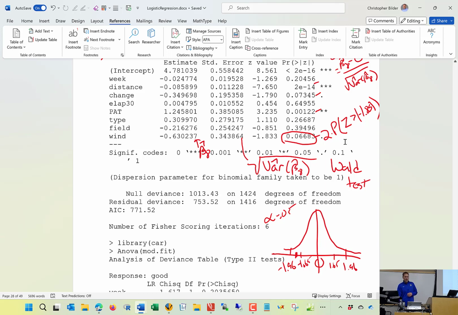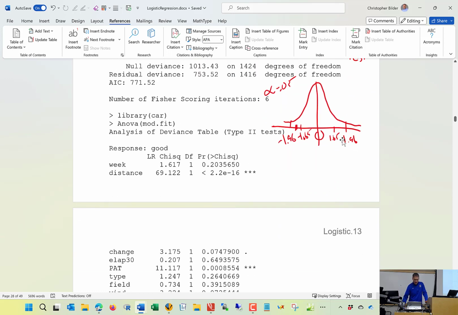And so what typically is a little bit better is to use a likelihood ratio test. We talked about likelihood ratio tests in the factor analysis section, and we can do these likelihood ratio tests rather quickly. If we use a package in R called car, it doesn't stand for automobiles. It's actually Companion to Applied Regression.